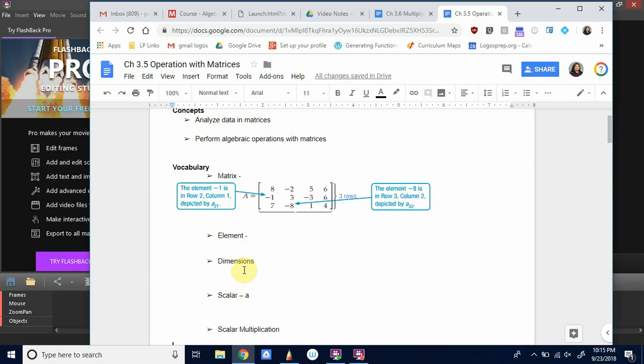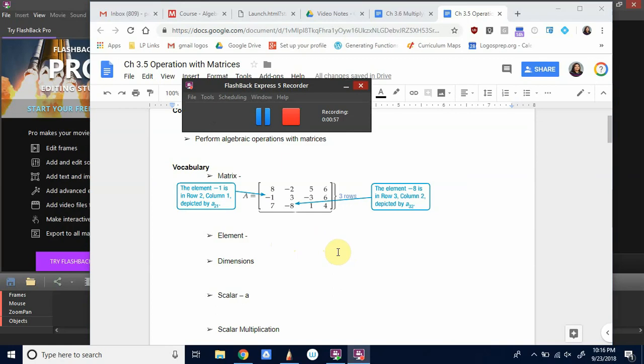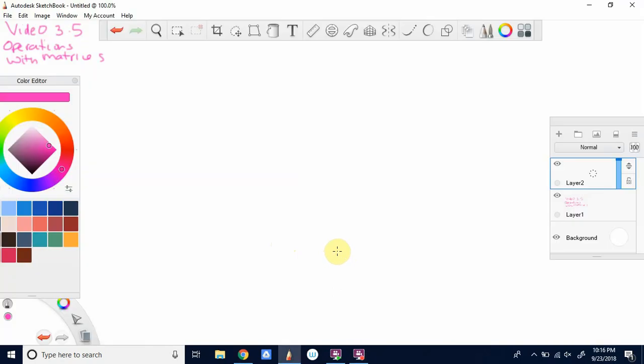Now an element is each value in the matrix, and each element has a unique position, written with the letter of the matrix, with the row number and column number written as a subscript, and we call this the address. It's always going to be the element, I'm going to call it E, with the subscript RC.